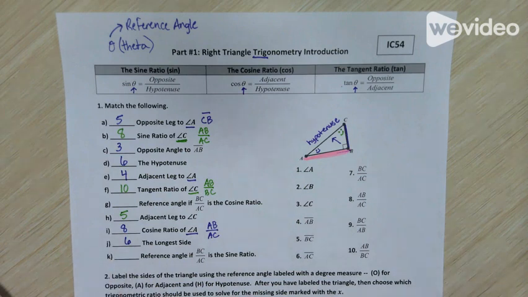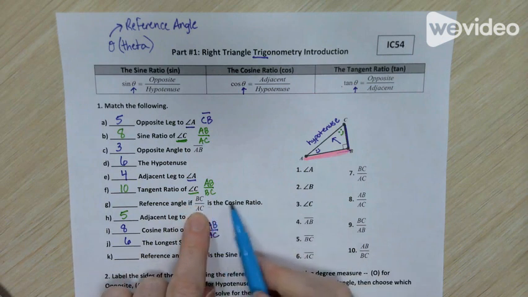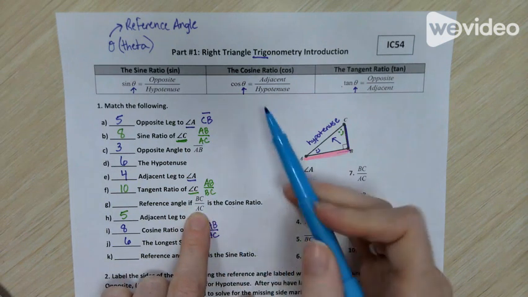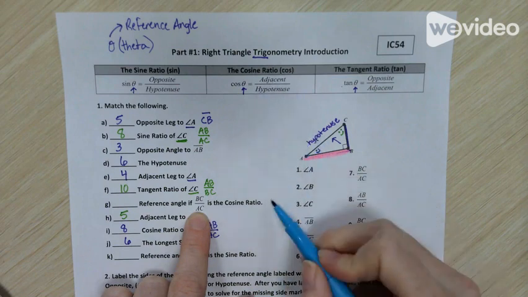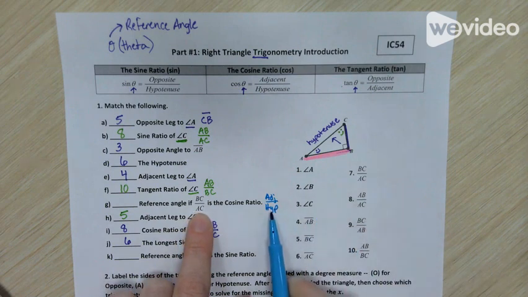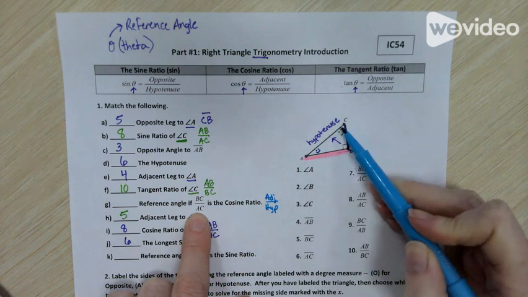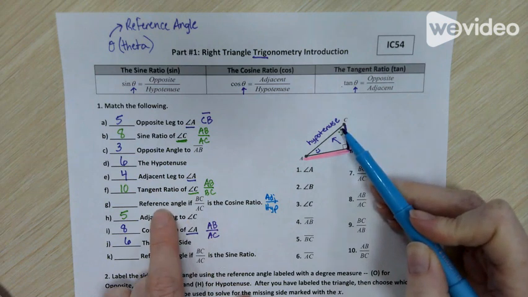Okay. These other two are going to require a little bit of a different way of thinking. So when we're thinking about BC over AC as being cosine, cosine is supposed to be adjacent over hypotenuse. This matches up. AC, hypotenuse, we knew AC was the hypotenuse, so that's not going to be very helpful in identifying the reference angle.